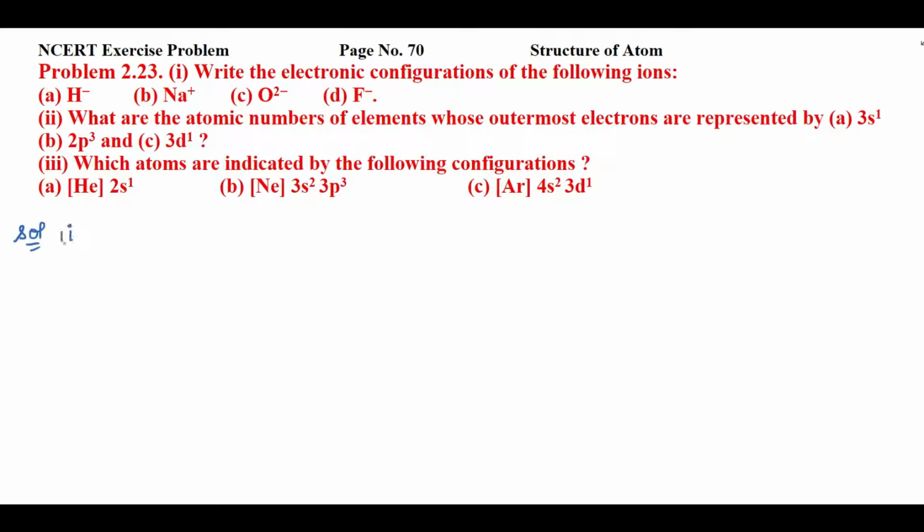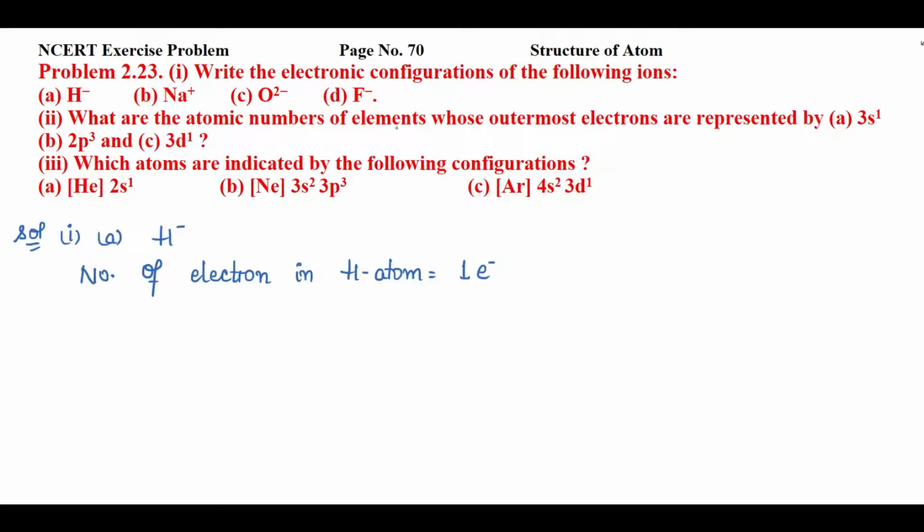In part first, we have A, that is H negative. Here we have a hydrogen atom carrying one negative charge, right? The number of electrons in a hydrogen atom is one, right?